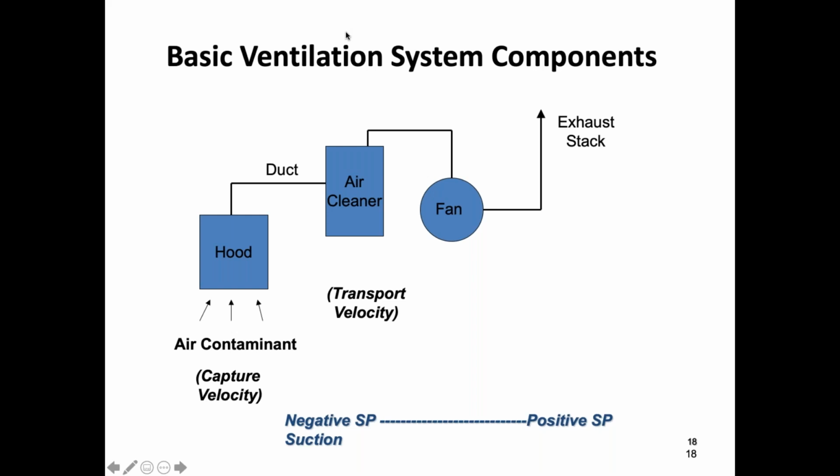Now, once that nasty stuff is inside the ductwork, right, and you've captured it, you don't want it settling out in the ductwork or sitting in the ductwork. So now inside the ductwork, you have to figure out how fast you need to move air through the ductwork in order to keep that stuff from dropping out. So what happens if the air is moving too slow?